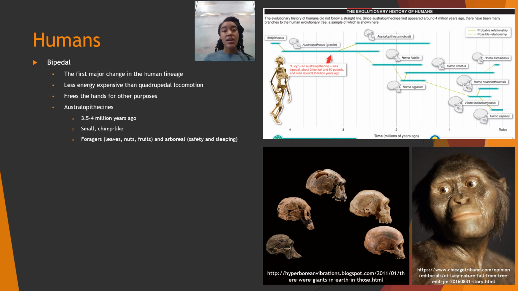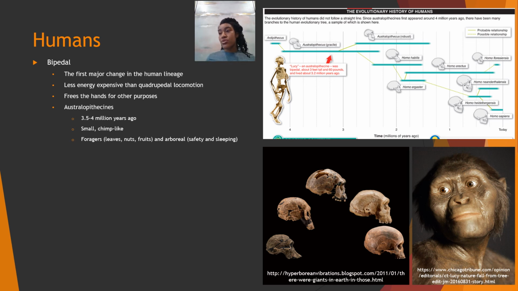The first event was bipedalism. So humans, unlike chimpanzees, walk on 2 legs, whereas chimps walk on 4. And this is thought to have helped humans because it is less energy expensive to walk on 2 legs than it is to walk on 4. Additionally, it also allowed us to free up our hands.